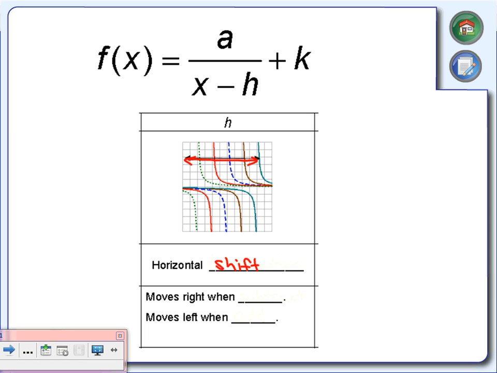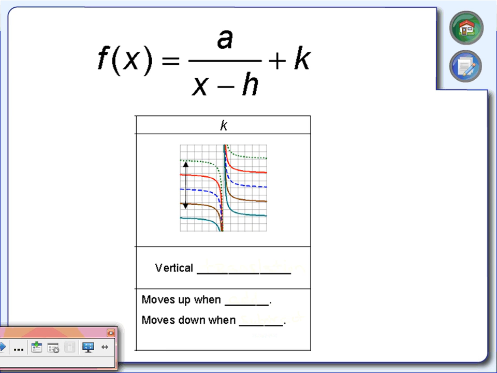Subtract. Of course, that means if I want to move to the left, we're going to do that when we add. When we add, we move to the left. When we subtract, we move to the right, just like we do with our quadratics and our radicals.